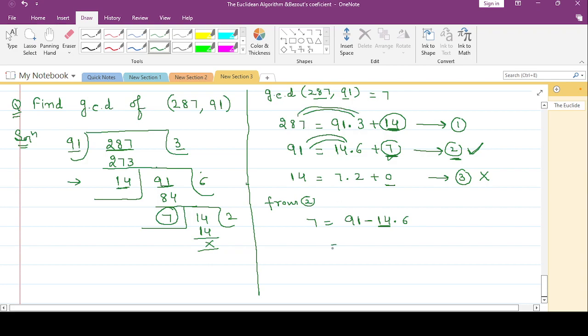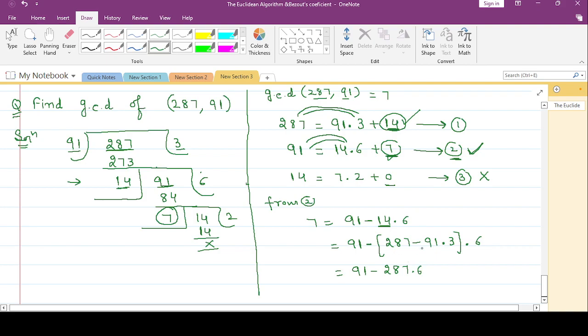So 14 is equal to 287 minus 91 into 3, and outside it you have 6. I substituted the value of 14 to delete it. So 14 is equal to 287 minus 91 into 3. So it is 91 minus 287 into 6.